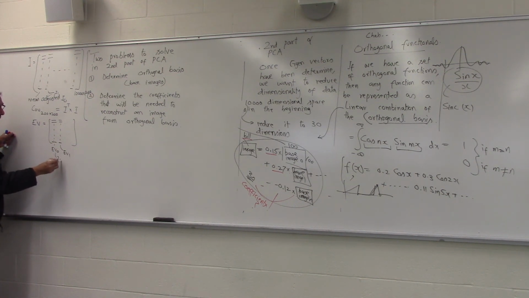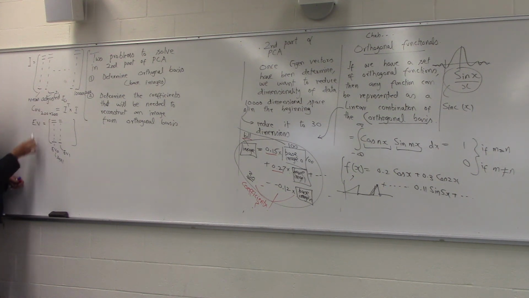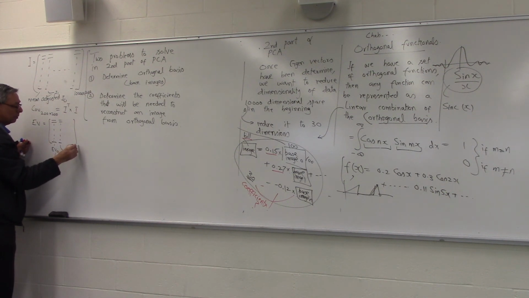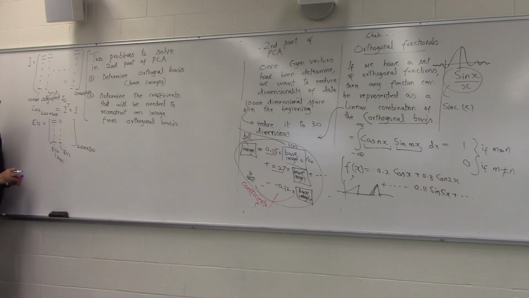Okay, each will be 20 by 1, correct? Oh, sorry, 30 by 1. Because we were picking the top 30 eigenvalues, right? So what will be the size of this EV matrix? 200 by 30. Okay.